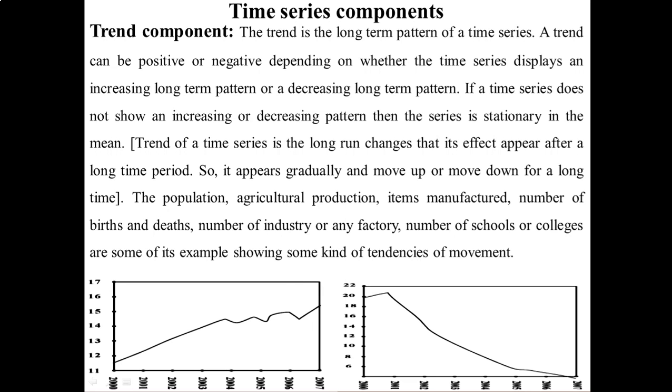The population, agriculture, production, items manufactured, number of persons, number of industries or any factory, number of schools or colleges are some examples showing some kind of tendency of movement. Okay, and a very important point in this slide is that the trend component is the long-term pattern.